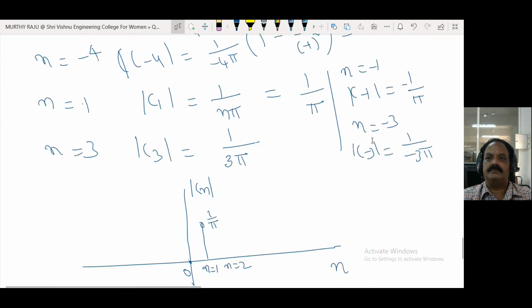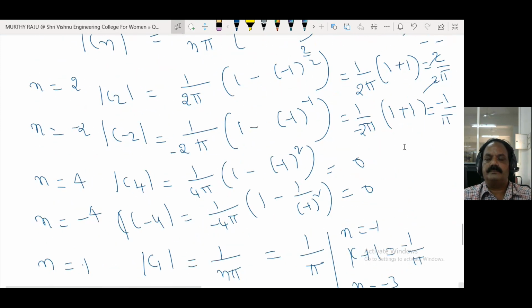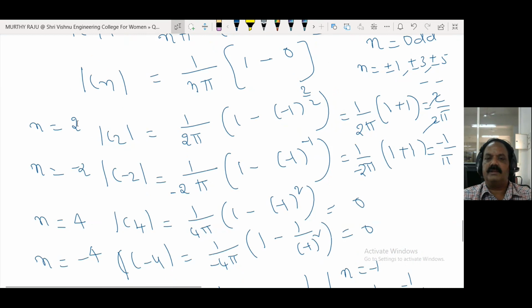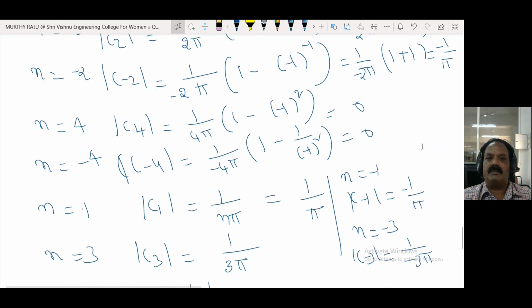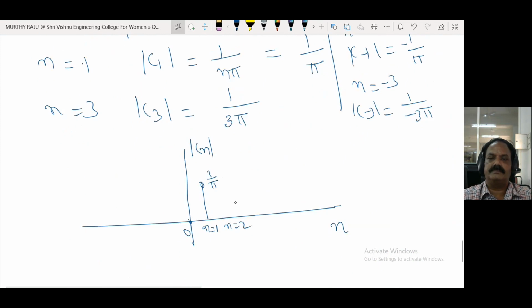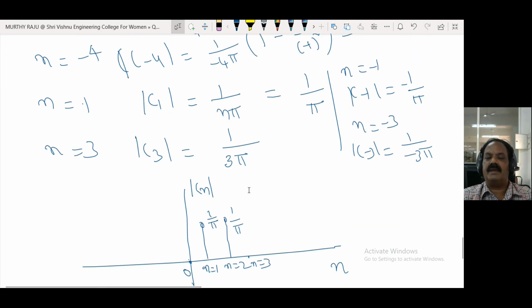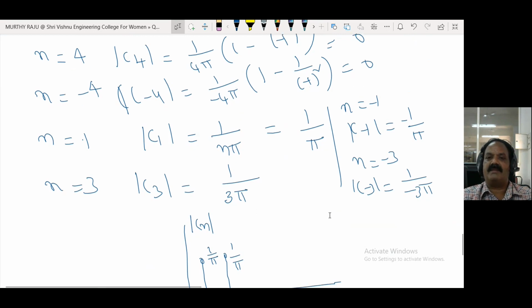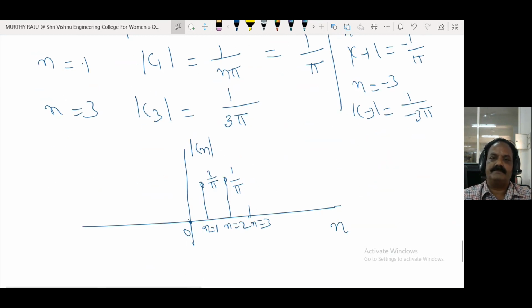C2 value is 1 by pi. For n is equal to 3, that is 1 by 3 pi. For n is equal to 4, the value is 0 here, and so on.